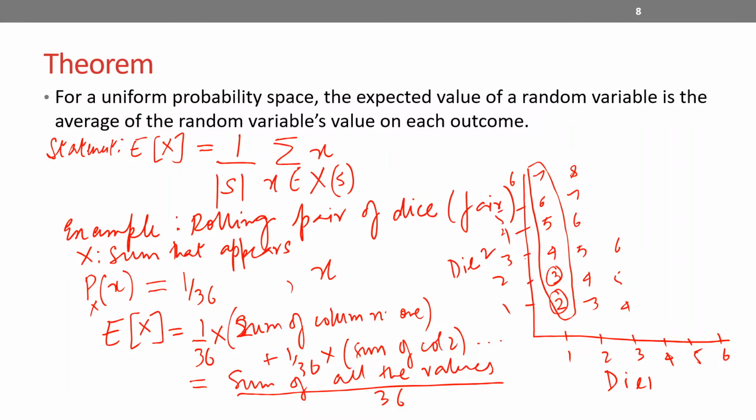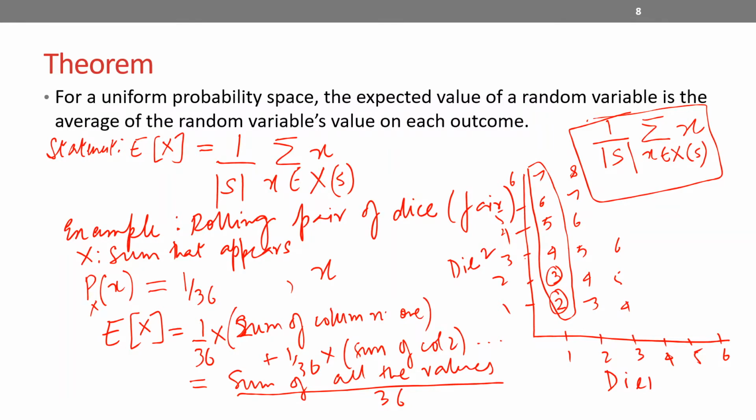Which is nothing but 1 over the cardinality of the sample space, which is 36, and then summing up the actual x's over all possible values of x. So this reduces to something simpler, and this is pretty evident from the definition of expectation itself. This is what the theorem stated here.